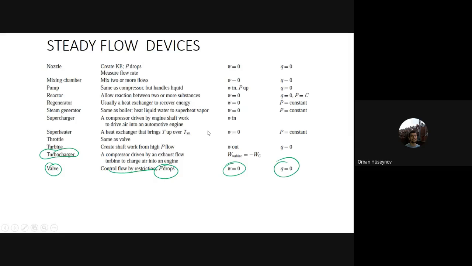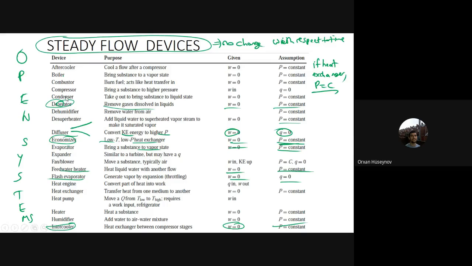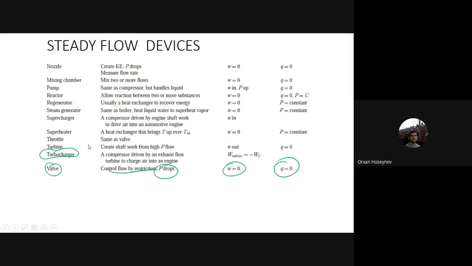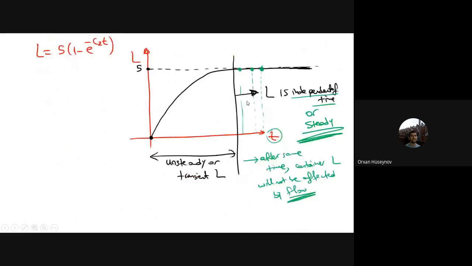If you go back to here, you see the devices. All of these devices are steady. Steady means that the transient effects have died out, so you are looking for that part. For example, when you turn on a pump, first it is transient, but after some time it is steady.